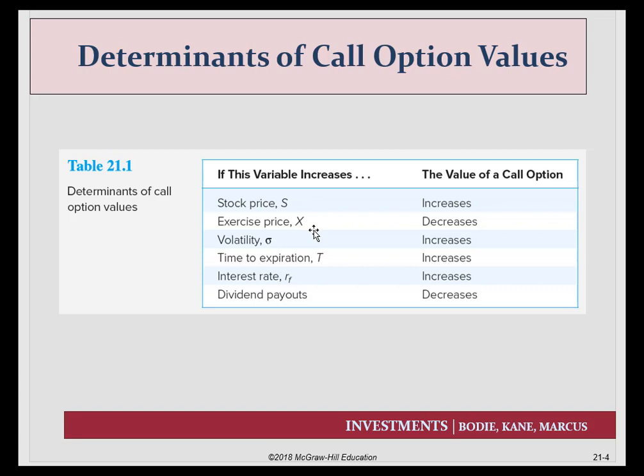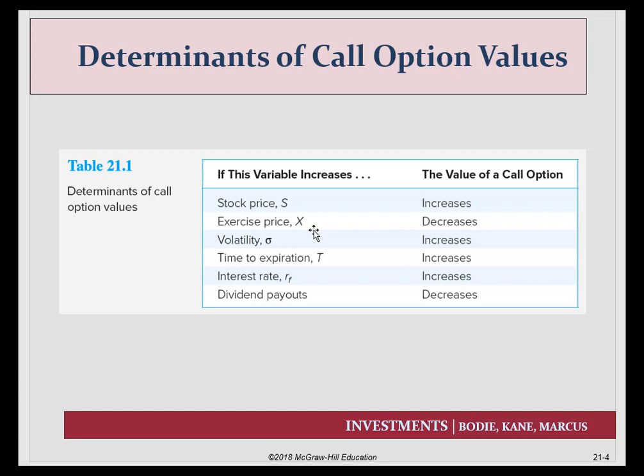What about volatility? Since we're placing investment strategies on changing prices, we need volatility. The more volatility there is in a stock or an asset, the greater the value of that call option would be. Time to expiration.